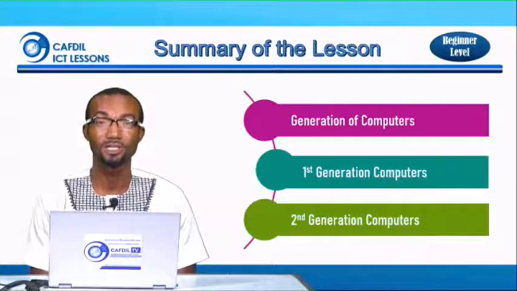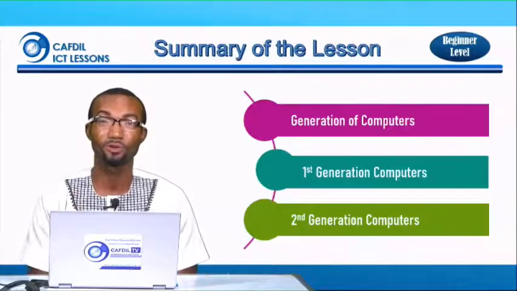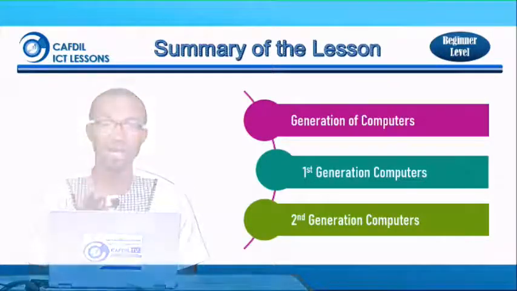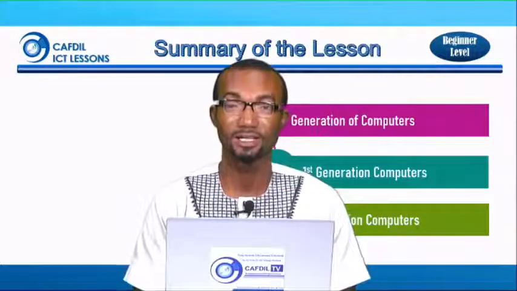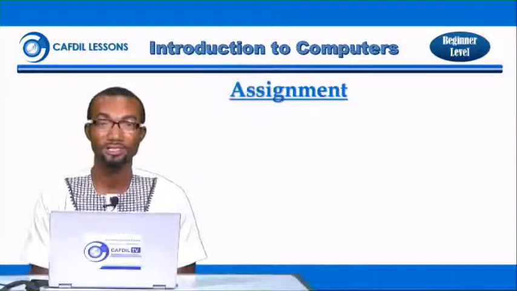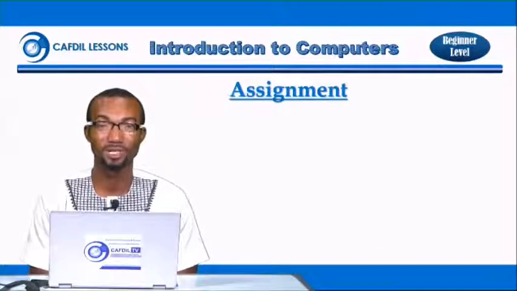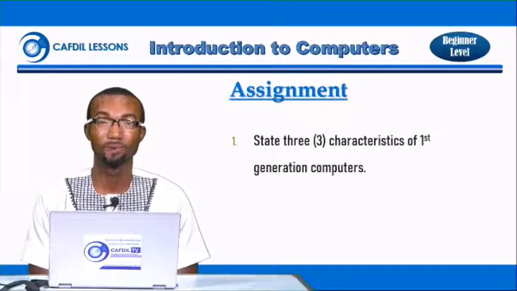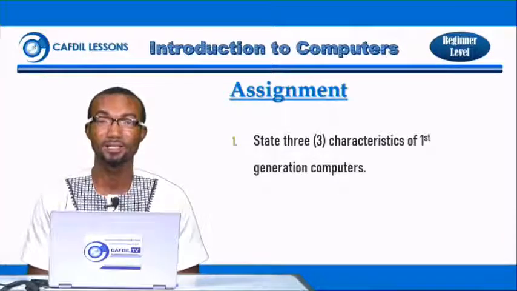So viewers, today we looked at generation of computers. We are saying we have 5 generations. We looked at the first generation and then the second generation. Before we end the lesson, let's take this assignment. 1. State 3 characteristics of first generation computers.